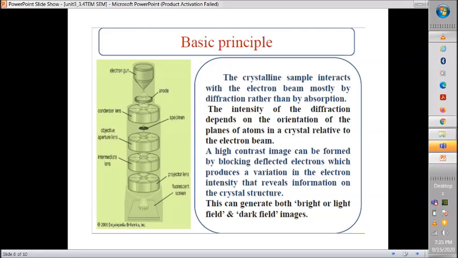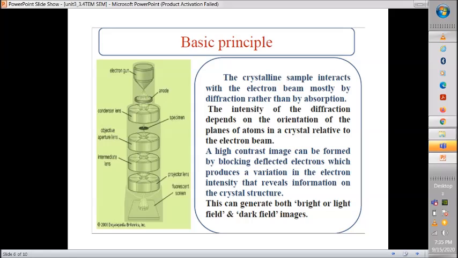And here the crystalline sample interacts with the electron beam mostly by diffraction rather than by absorption, because only diffraction is considered here. Absorption means no signal flows beyond the specimen, so diffraction is counted. The intensity of the diffraction depends on the orientation of the planes of atoms in a crystal relative to the electron beam.